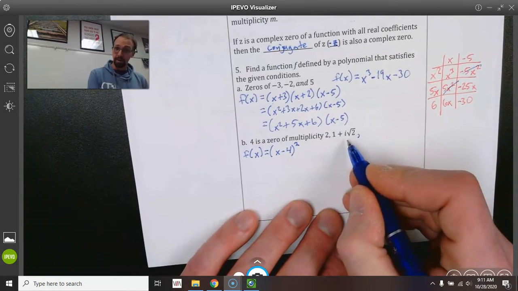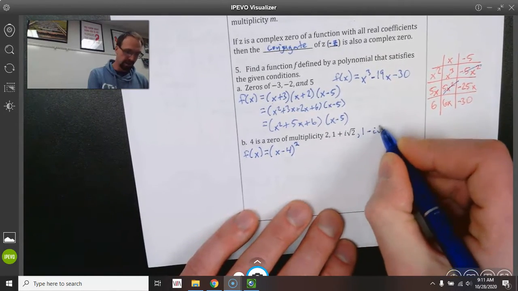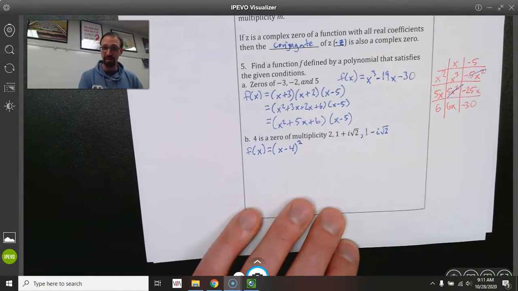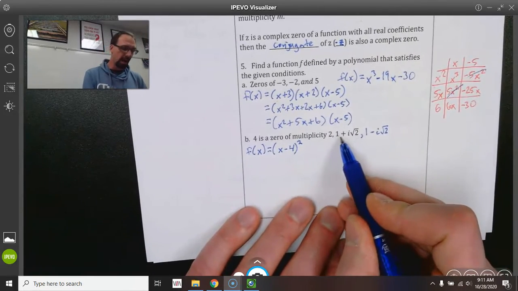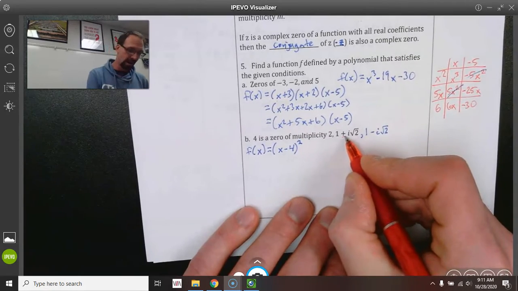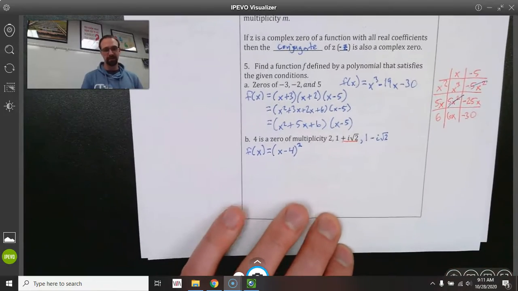So then the other one is going to be 1 minus i square root of 2. Notice I just included the opposite sign of the imaginary part, just the imaginary, not the 1. The 1 is going to stay as is.